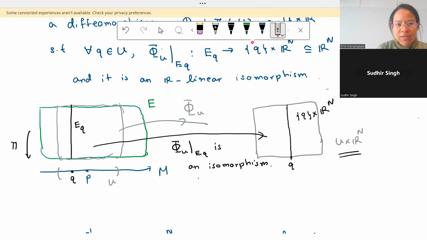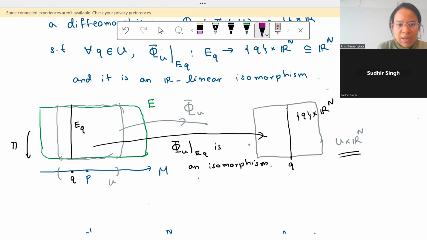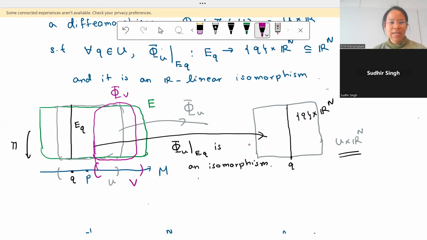Like in this picture, you have phi subscript U, a local trivialization over U. Then to cover the whole base manifold, you might have another one, so this is V and you have another local trivialization over V. But we would want things to be consistent over the overlapping region, like when we define the manifold.